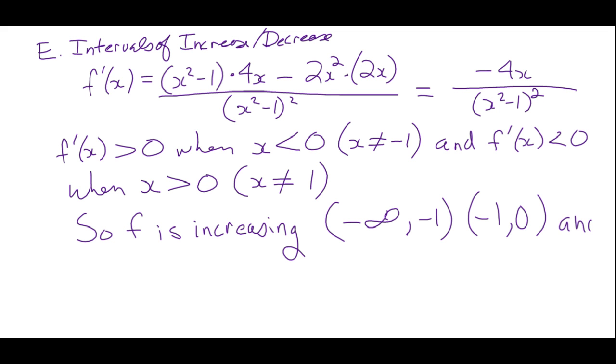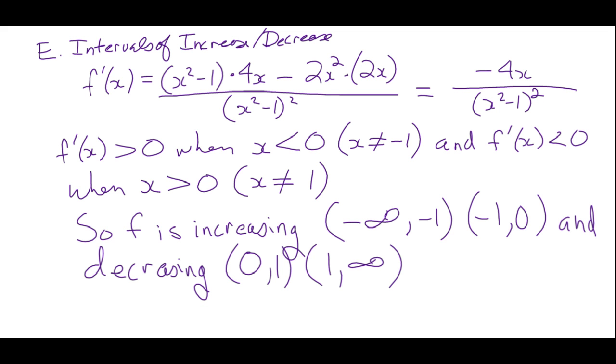And it's decreasing from 0 to 1 and 1 to infinity, right? Because we're not allowed to have -1 or +1. Those are our asymptotes. So those are your intervals of increase and decrease.